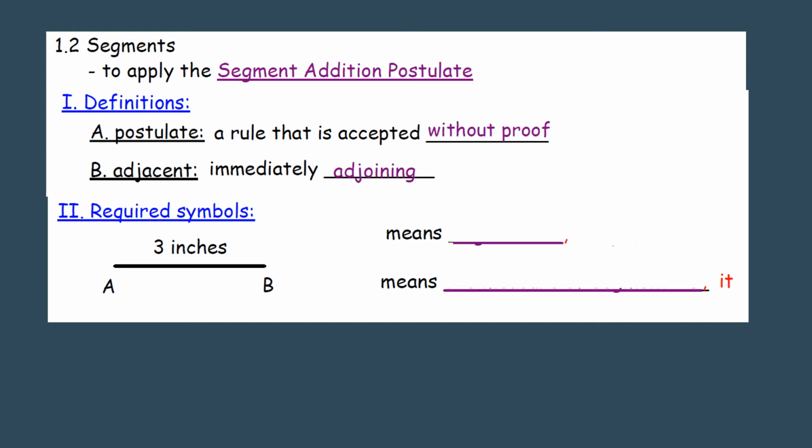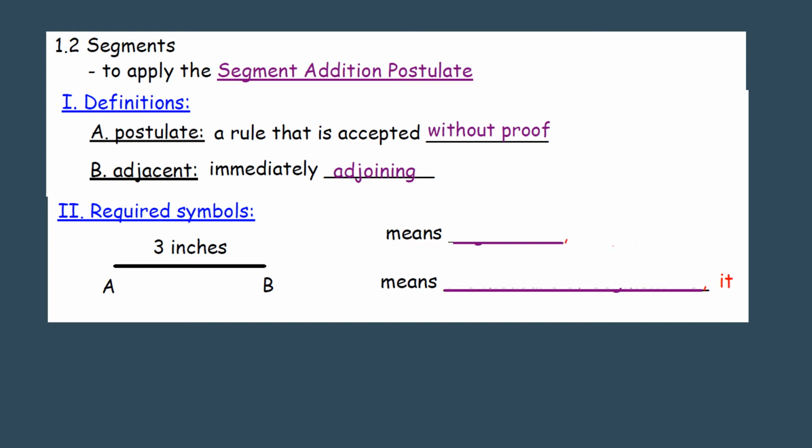If you think about your classrooms, classrooms tend to share walls with other classrooms. That would be adjacent. But if the classroom's across the hall and they're not sharing anything, they just look at each other, that is not adjacent.